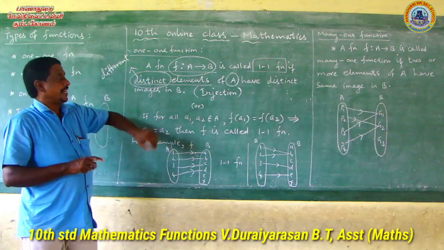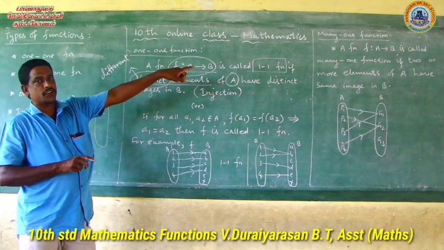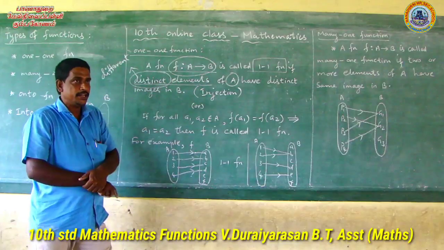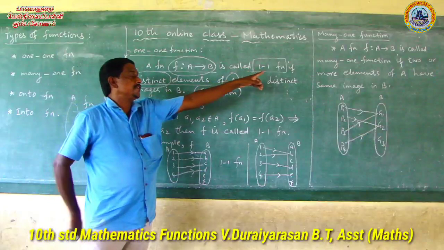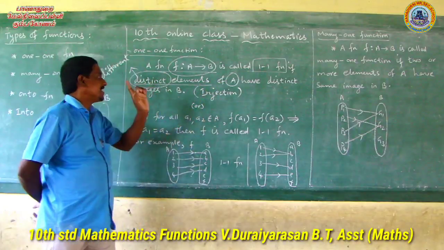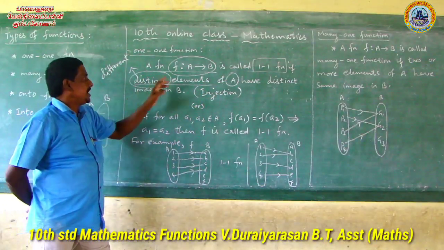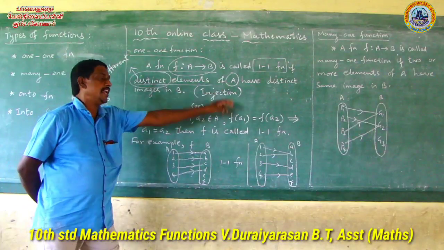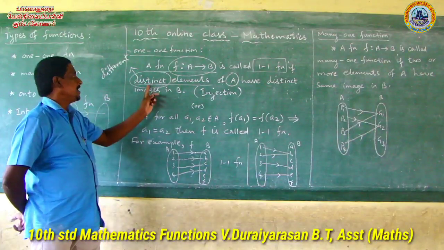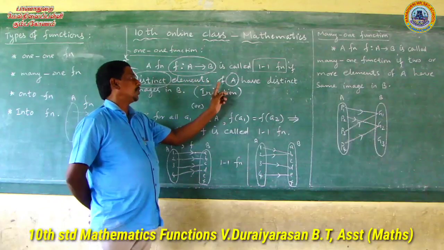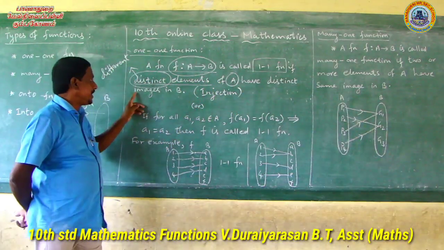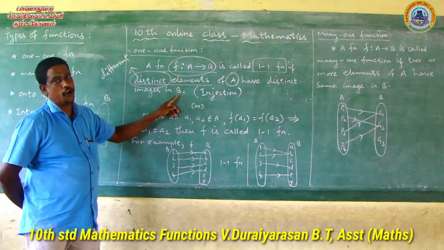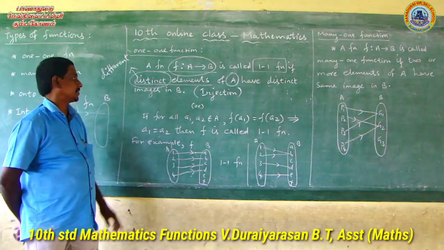A function f from A to B is called one-to-one function. The given function is one-to-one if it satisfies the given condition. What is the condition? Distinct elements of A, A means domain, have distinct images in codomain. Right.